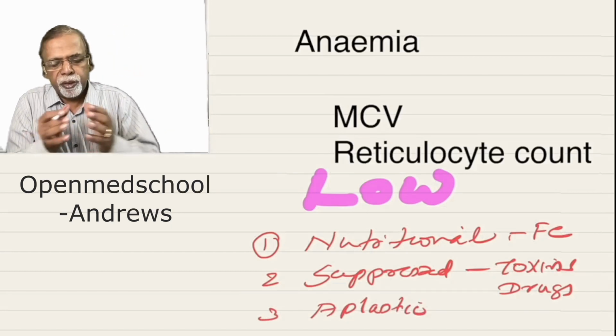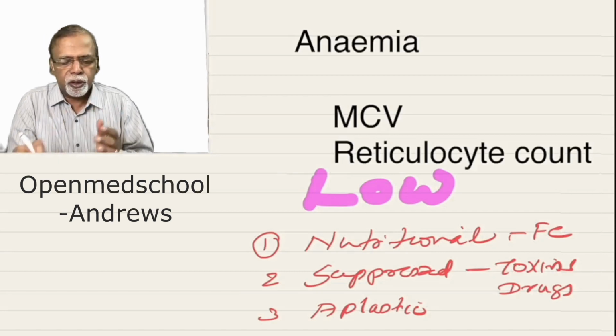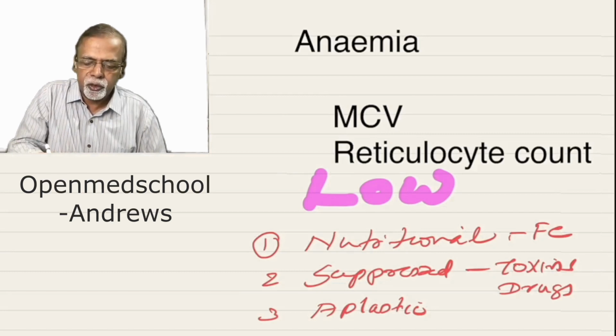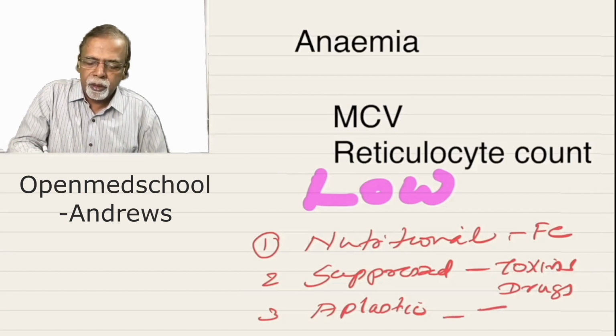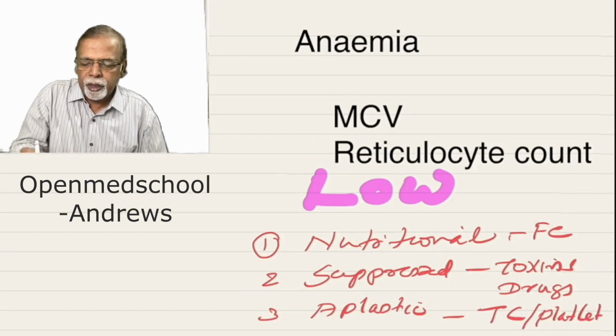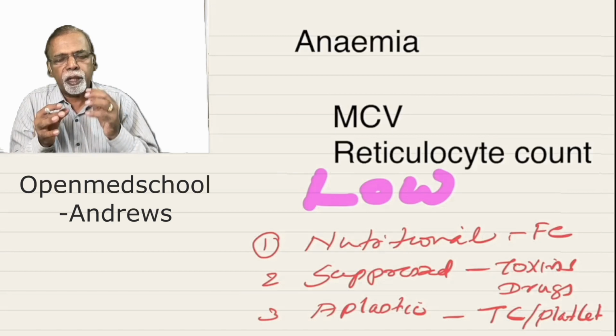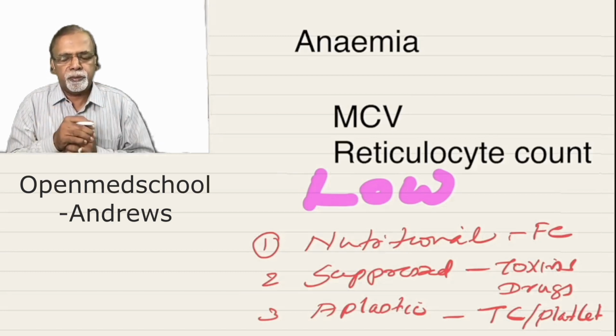How will you differentiate whether it is due to aplastic anemia or not? The best thing is you go for the total count and platelet count. If the total count and platelet counts are decreased, that means primary bone marrow suppression is going on.